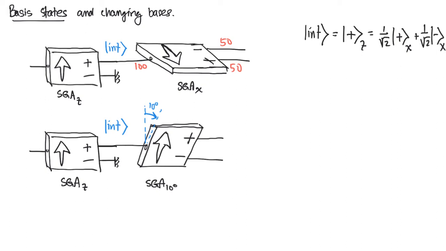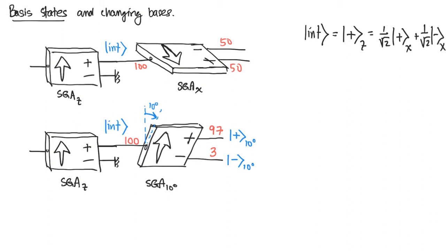Similarly, we saw that if you had 100 atoms in the second experiment entering the second analyzer, instead of 50-50 odds, you would find 97 and 3, so 97% chance of exiting the plus port. And in that case, the states at the exit would be plus in the 10-degree direction and minus in the 10-degree direction.